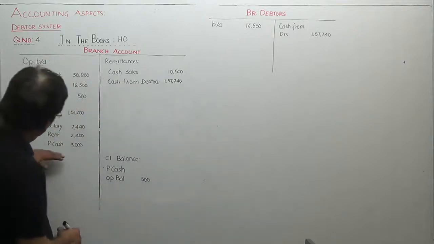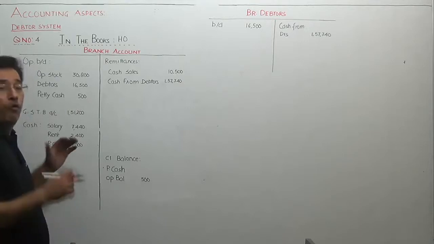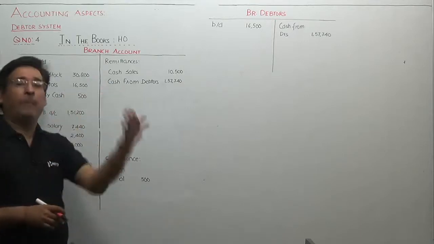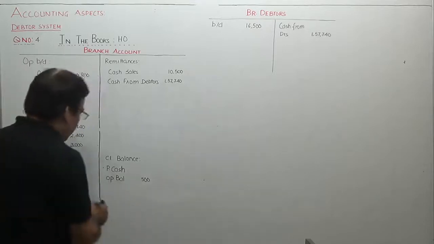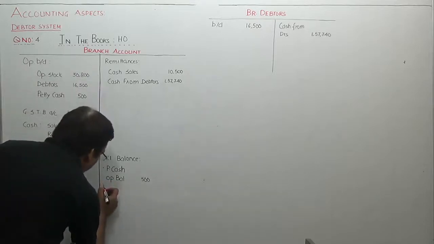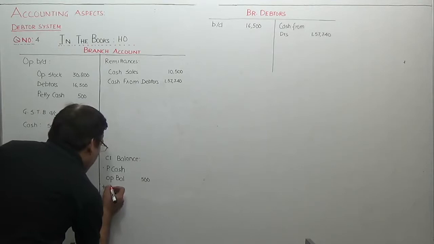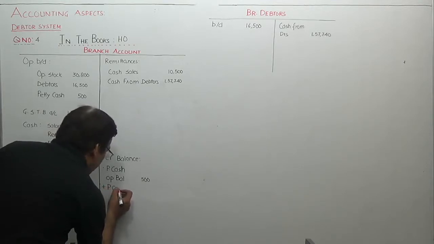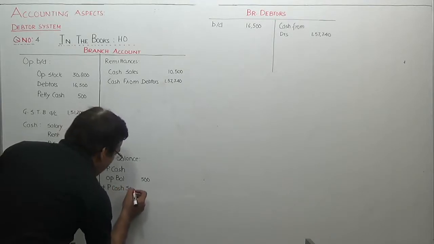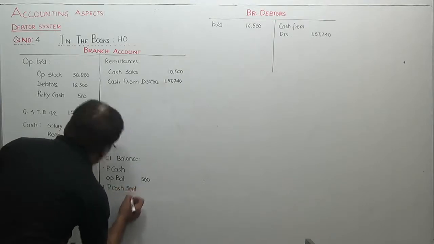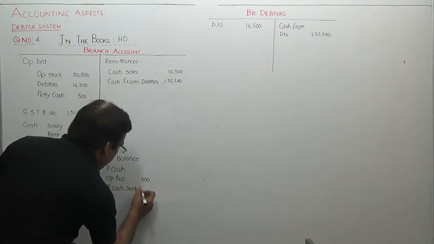Now look carefully into the question whether any further petty cash has been sent by head office or not. If it is, then add here: plus petty cash sent. Now if petty cash has been sent, you are going to add it.